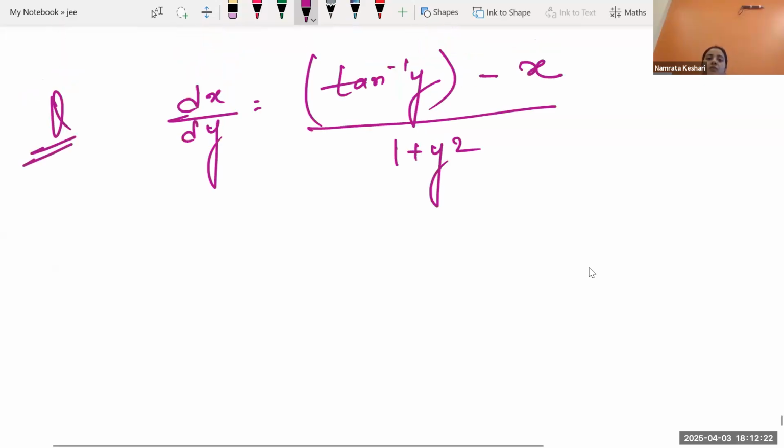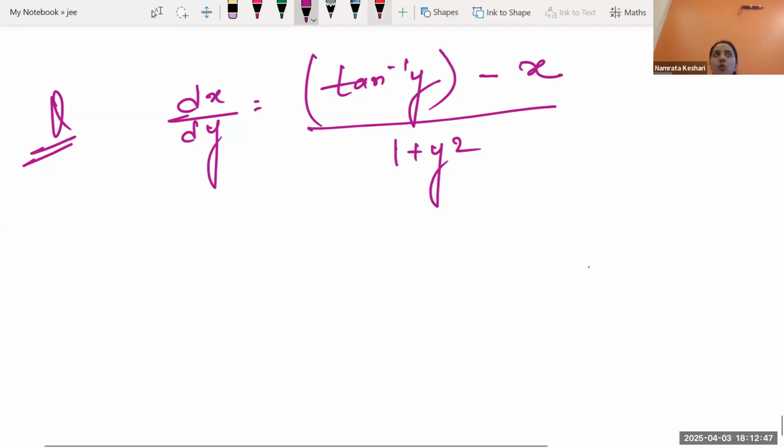Please check it. It is tan inverse y minus x by 1 plus y square. Yes, this is what we are having, just this.